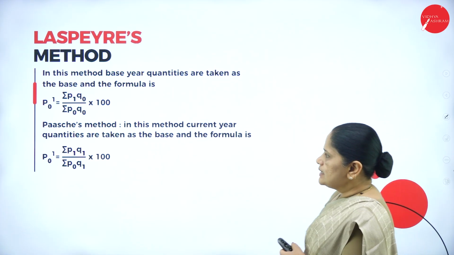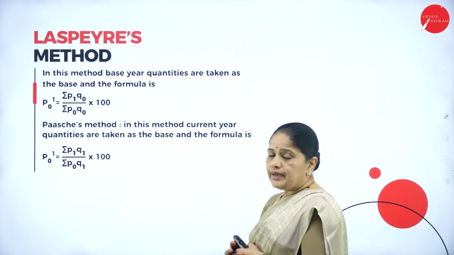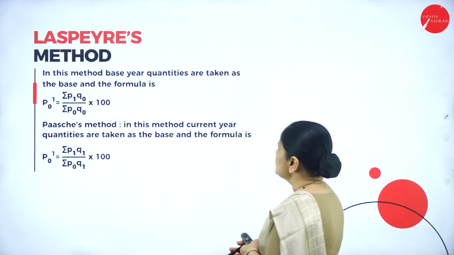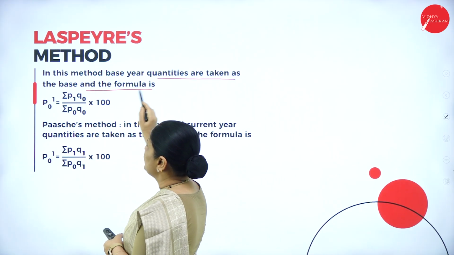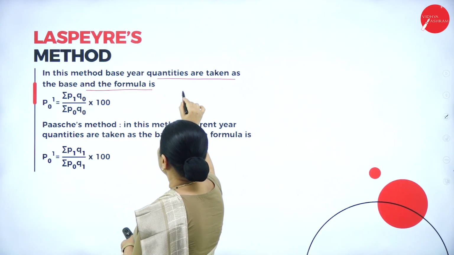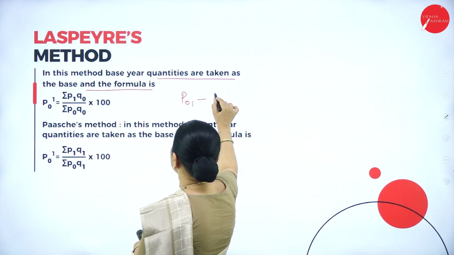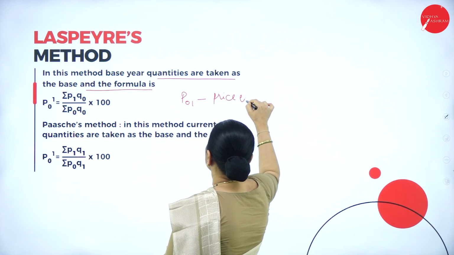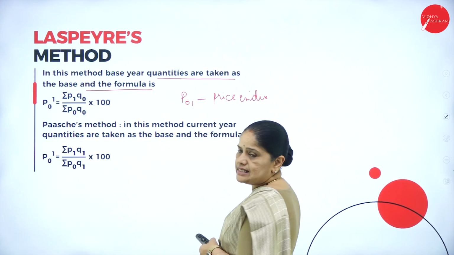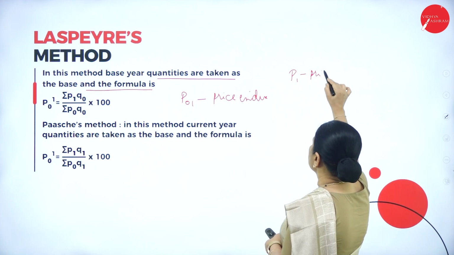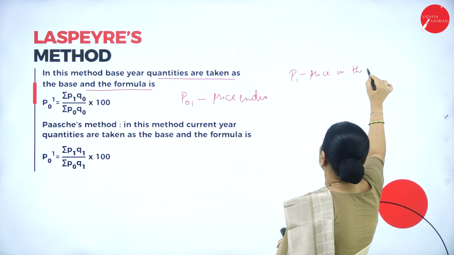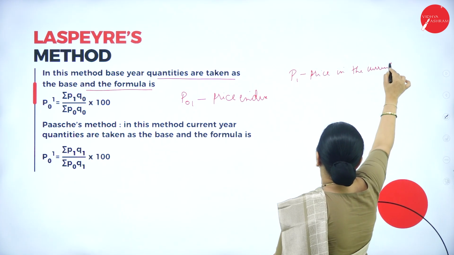Now let us have a look at Laspeyres' method. In this method, the base year's quantities are taken as the weights, and the formula here: P01 represents the price index. P1 represents the price in the current year, that is, for the current year or the latest period given.